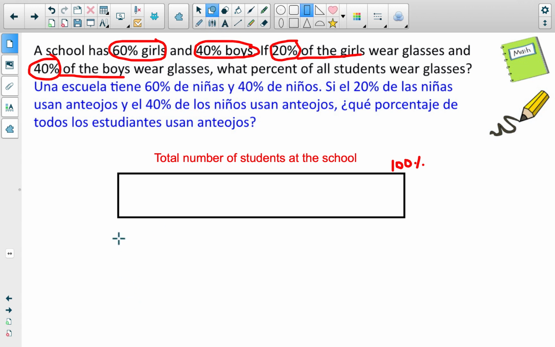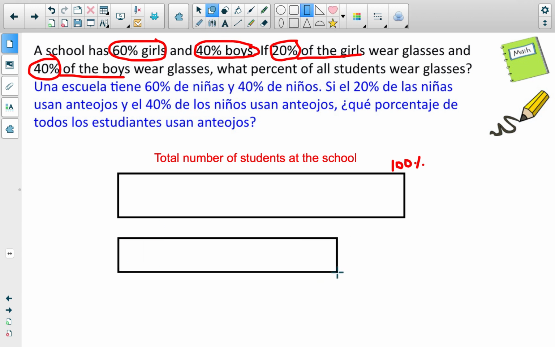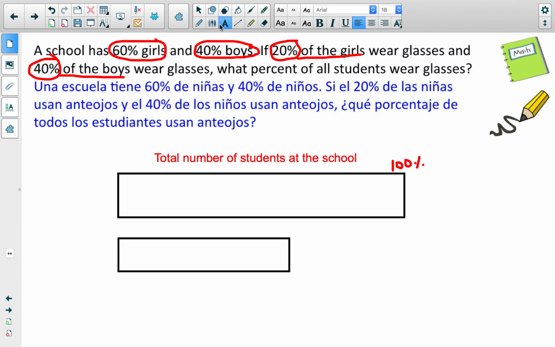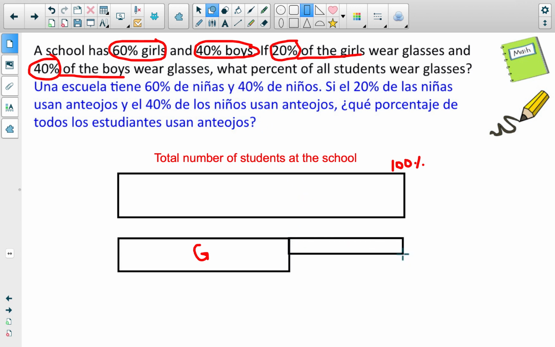Now, 60% of that, which is a little bit more than half, about here, is the girls. So I'll just put a G in here for girls. And then over here, this remaining 40% is boys.